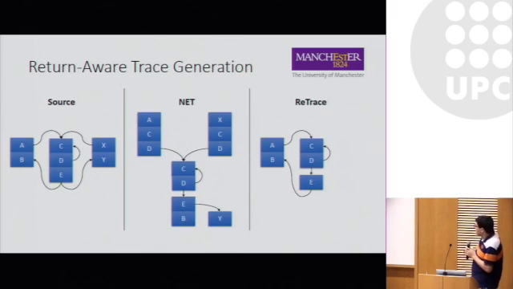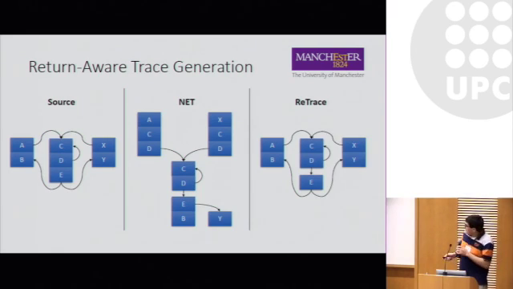This preserves the invariant of the hardware return address predictor, which is that the return target must be immediately after the call instruction. Therefore, when we translate the return at E, we can use a native return instruction, which takes advantage of the return address predictor. And the same thing happens for the trace XY.